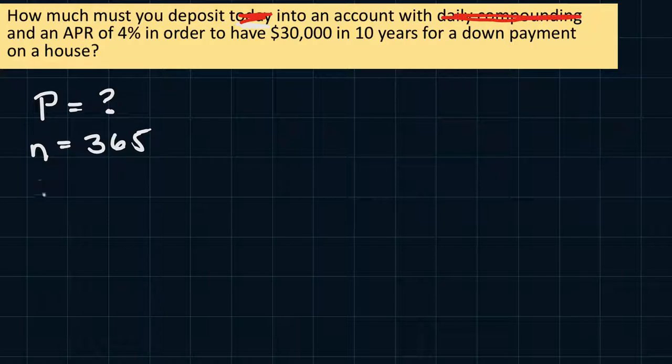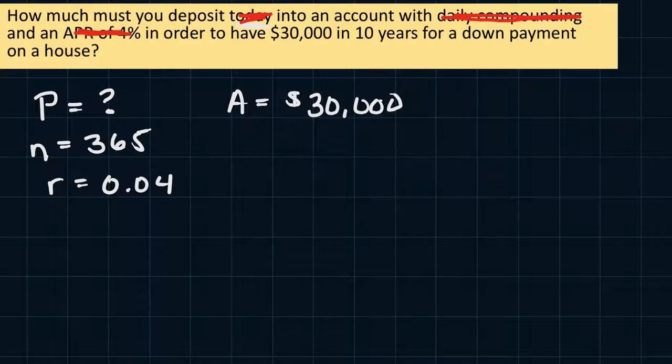APR of 4%, that tells us our rate is 0.04. In order to have 30,000, that's what we want in the A, 30,000. And our time is 10. For a down payment on a house.